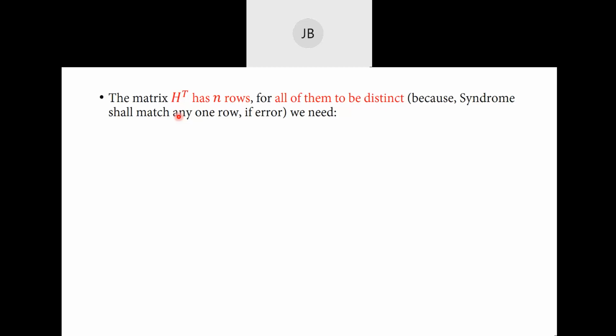If two rows have the same 001, then the receiver cannot identify where the error was. We cannot uniquely identify the error. That's why each row of H transpose should be unique, so that we can map between syndrome vector and any row of H transpose. So based on that, we can decide where the error is.